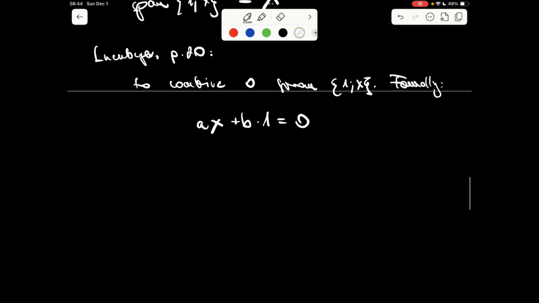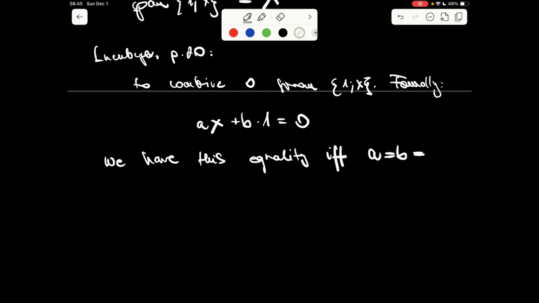So we have this equality if and only if A and B, both A and B, are 0. So they are linearly independent.